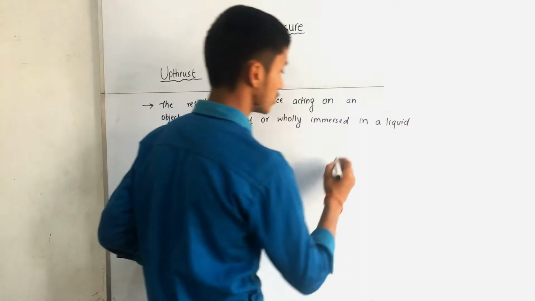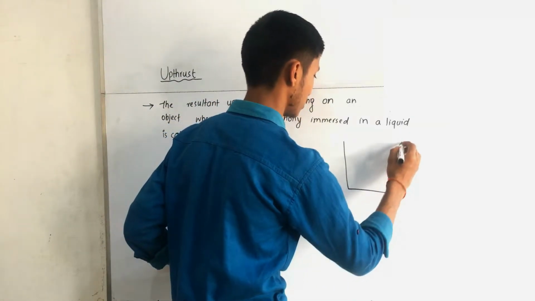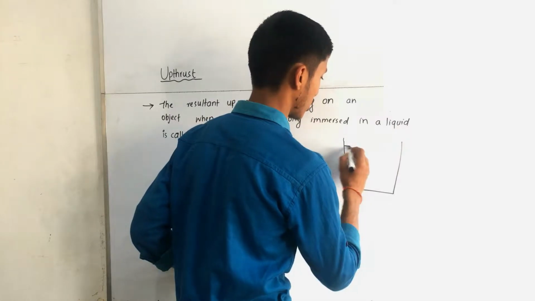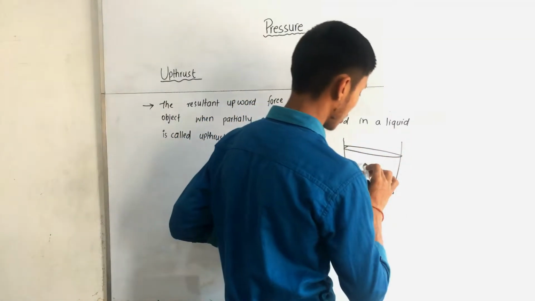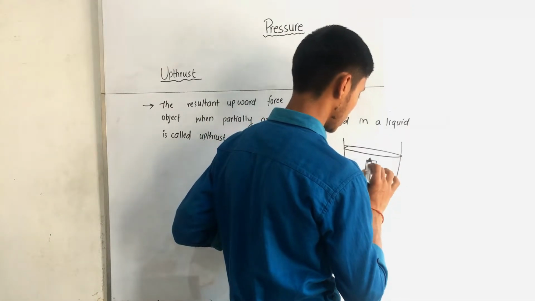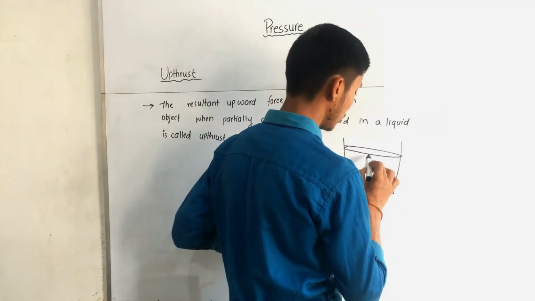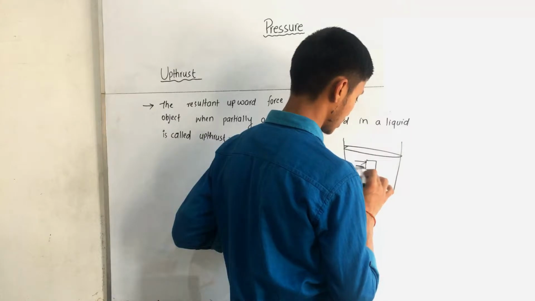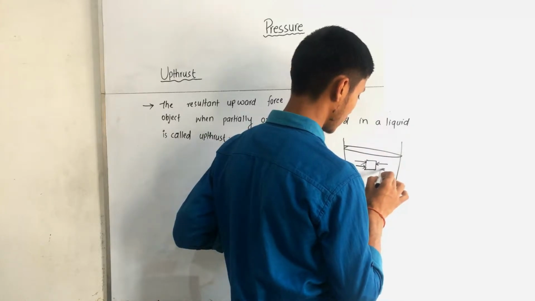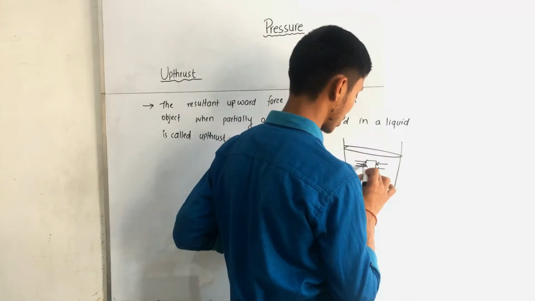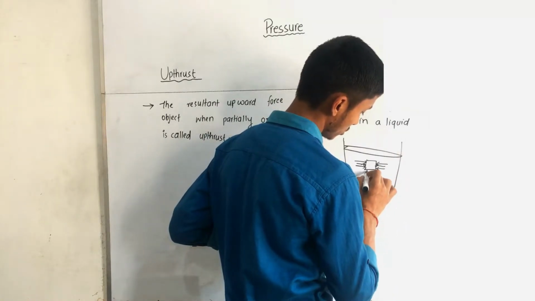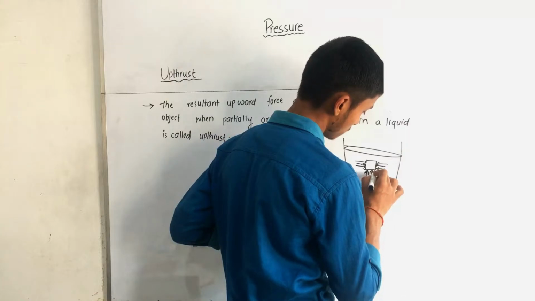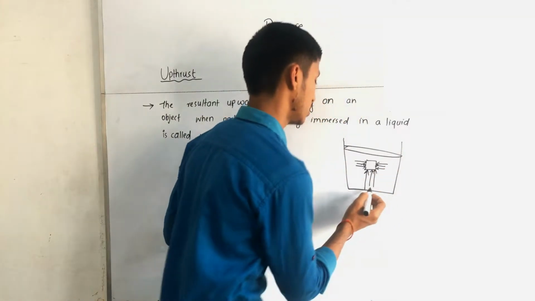Suppose this is a vessel and a liquid is poured in it. When the object is kept in this liquid, the liquid applies pressure on this object. It applies external force on this object, right? And it also applies force from the bottom.